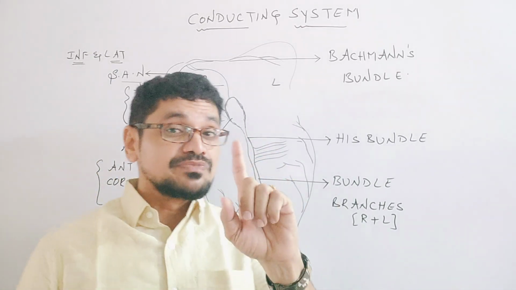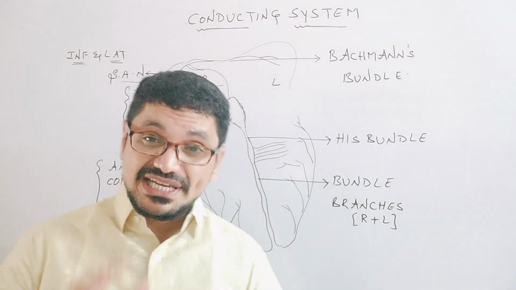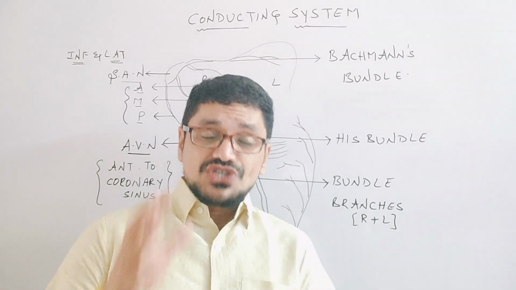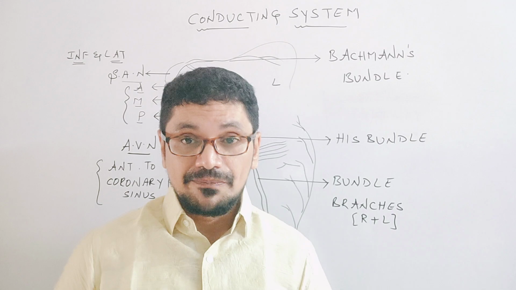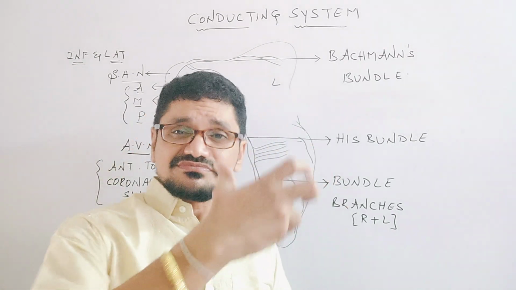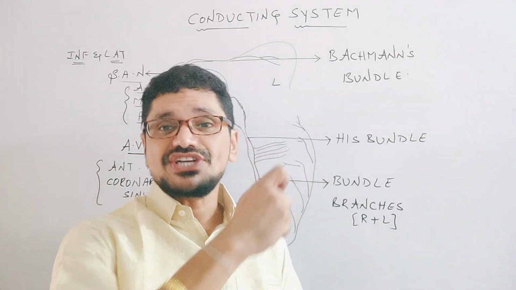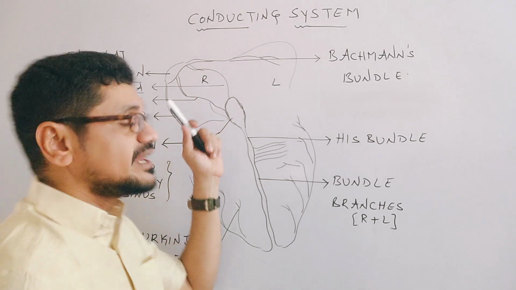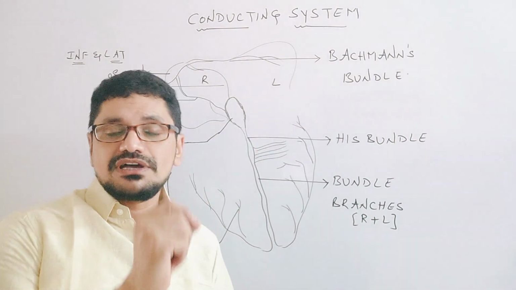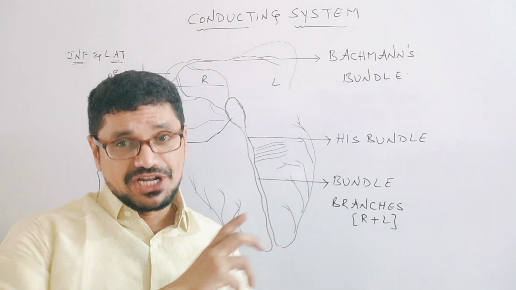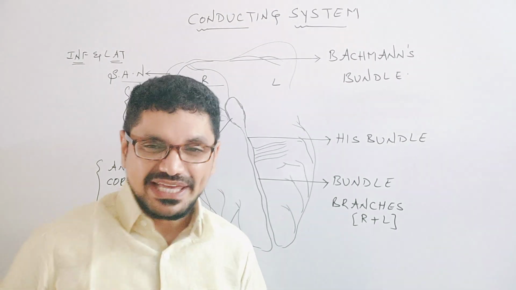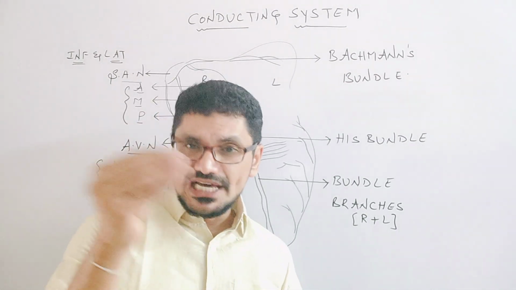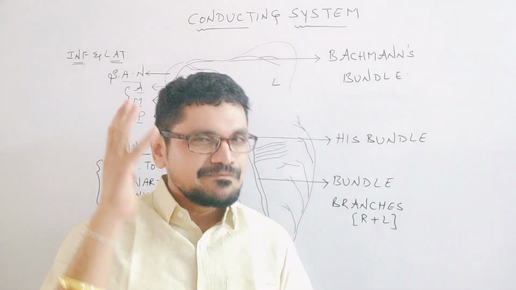Purkinje fibers are the fibers which have the maximum gap junctions. That is the reason why they are able to send the signals very efficiently. So in the absence of SAN and AVN, Purkinje fibers are trying to do their function, and that is the reason why we see heartbeats of less than 40 in such a heart.